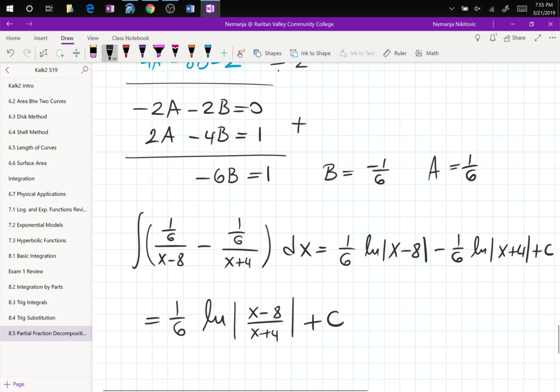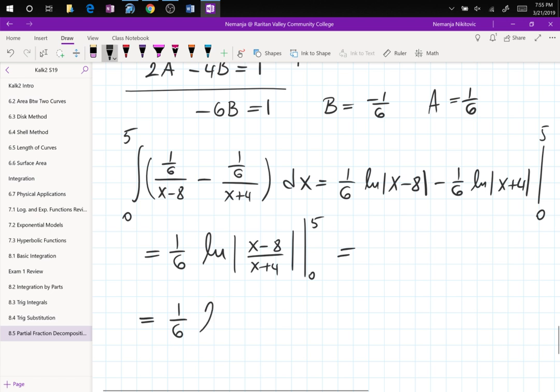Oh, we have limits. Not plus C. We have limits 0 and 5.